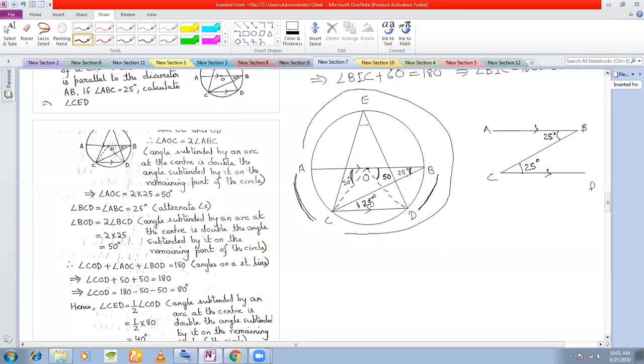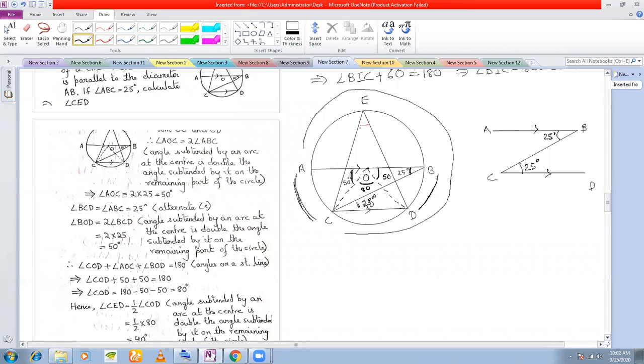So I've calculated two angles. So what should be this angle COD? 180 minus 50 minus 50, because the angles on the same straight line. So this should be 80.